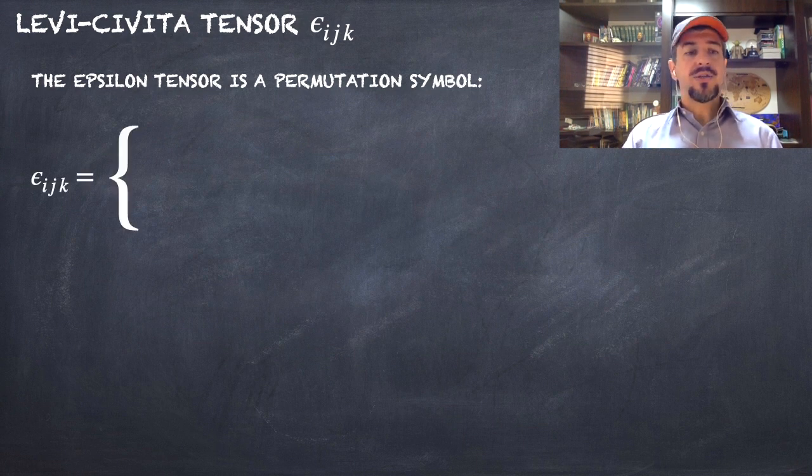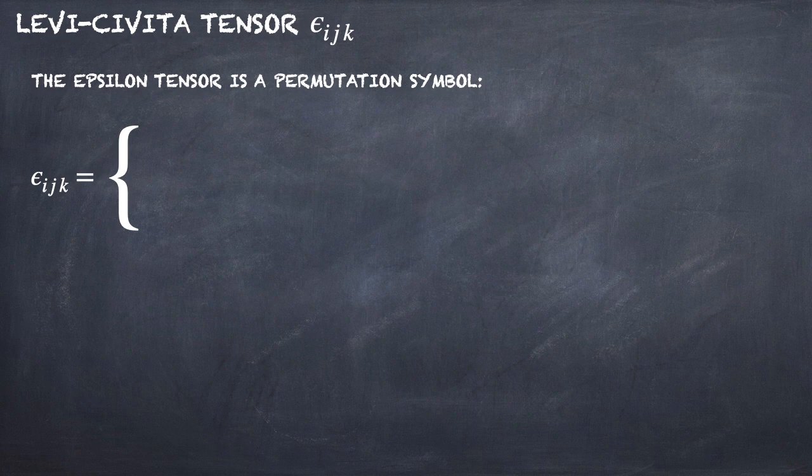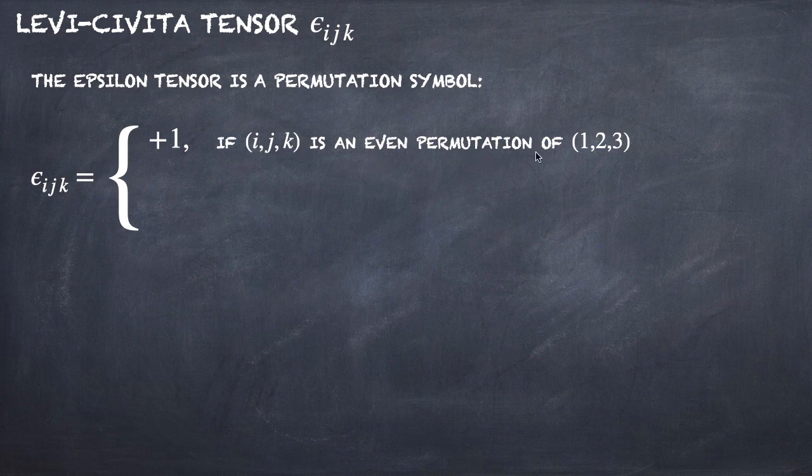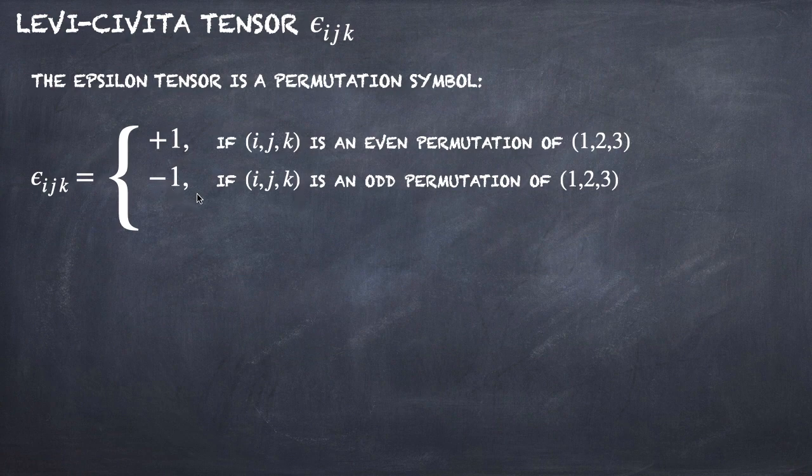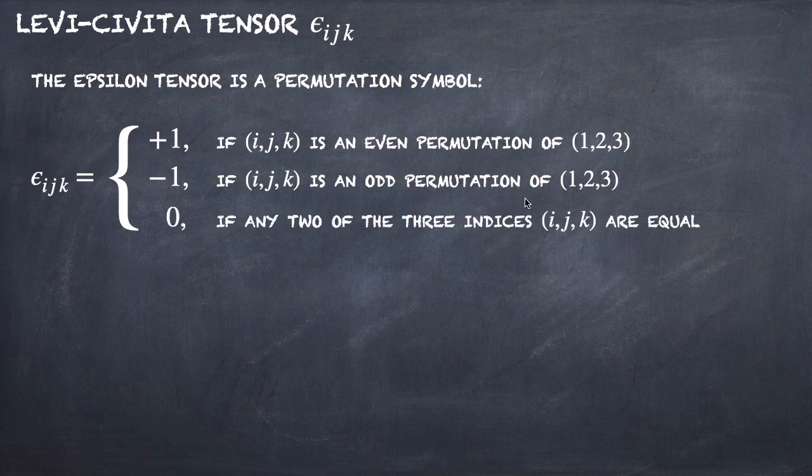The idea here is that epsilon is equal to +1 if the indices ijk are an even permutation of 1, 2, 3, and it is equal to -1 if ijk is an odd permutation of 1, 2, 3. In any other case, which means that if any two of the three indices ijk are equal, it is equal to 0. Let's discuss this better.